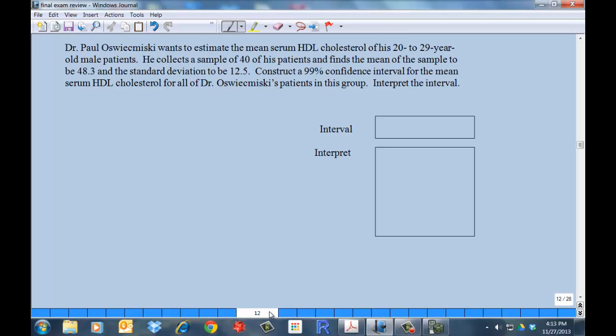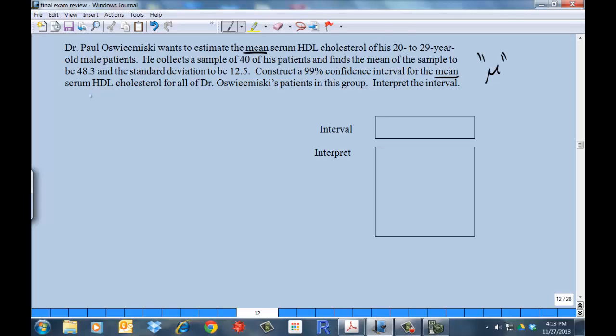Construct a 99% confidence interval for the mean. So again, this idea of the mean, wants to estimate the mean, tells us that we are doing a confidence interval about the population mean mu.